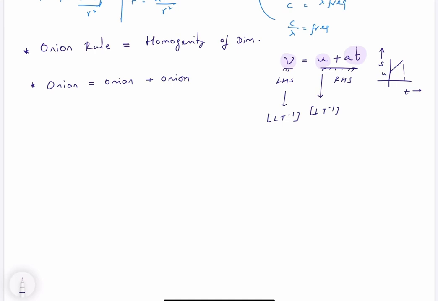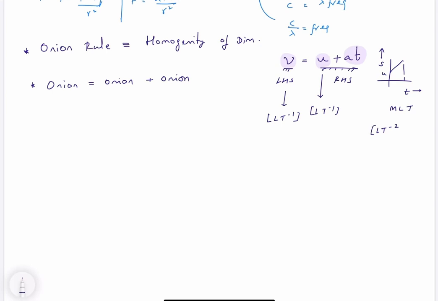But now let's come to this at. This doesn't look like a velocity family. You might be wondering, even I am wondering in the same way, because it's not like a velocity family. So what we do is we try to write at in terms of M, L, and T. So how do you write it? What is a? A is nothing but the acceleration. What is acceleration? LT power minus 2.